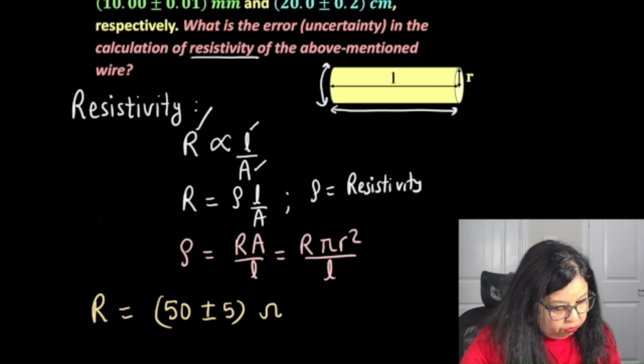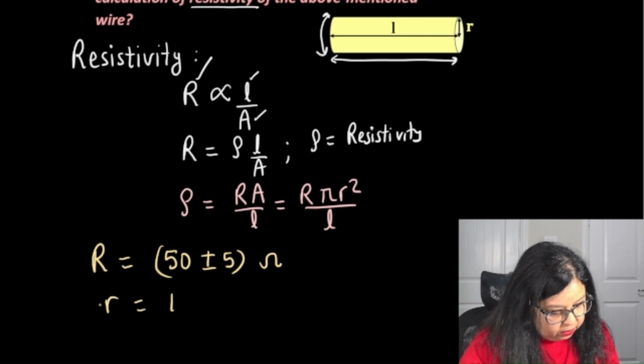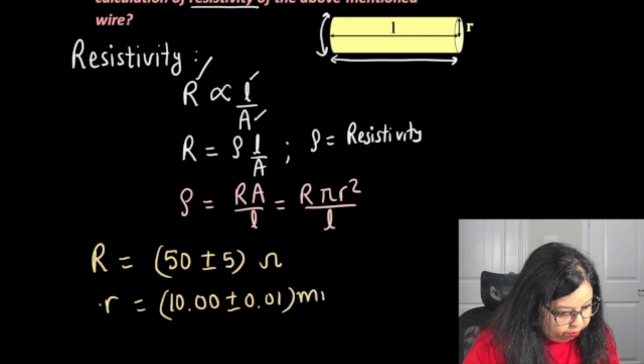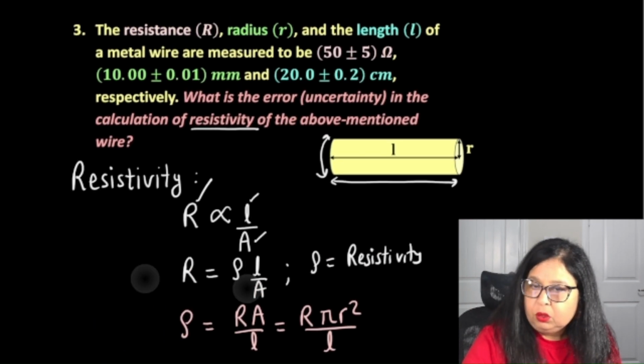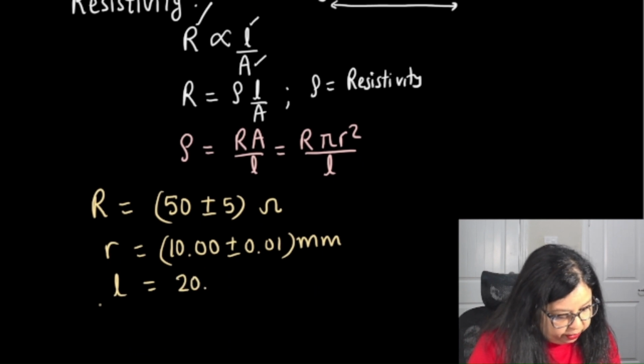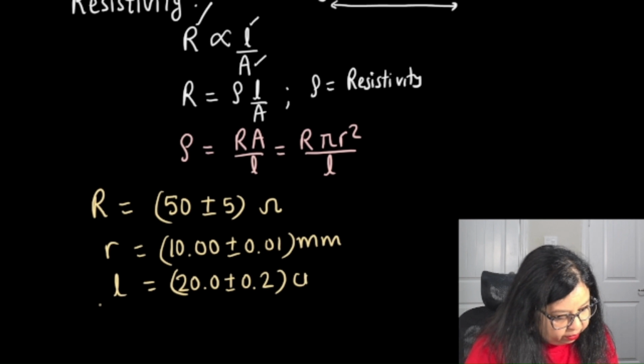The radius is given to be 10.00 plus minus 0.01 millimeters, and the length is given to be 20.0 plus minus 0.2 centimeters.